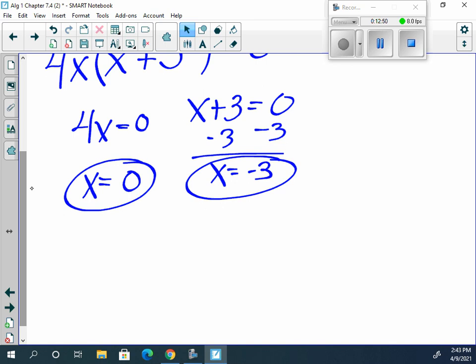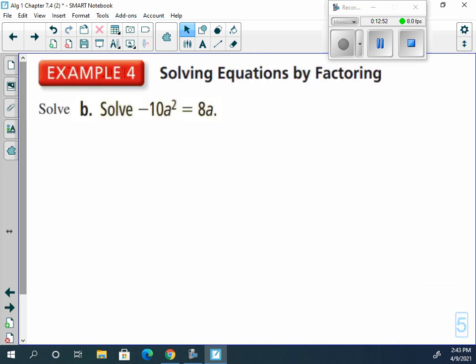Can y'all take a guess at what one of the values of a is possibly going to be? 0. Have y'all noticed that yet? That 0 has shown up as a solution every single time for today? And that's going to work out because, do we have any term that doesn't have a in these equations?